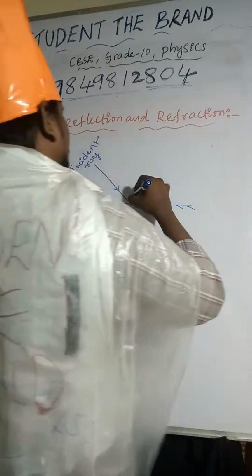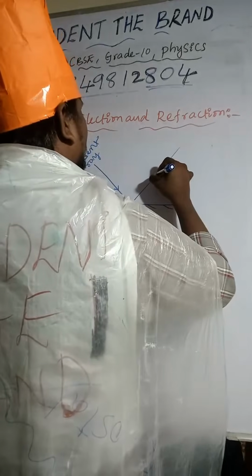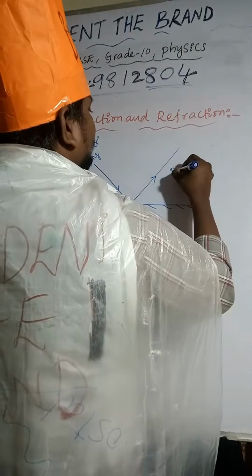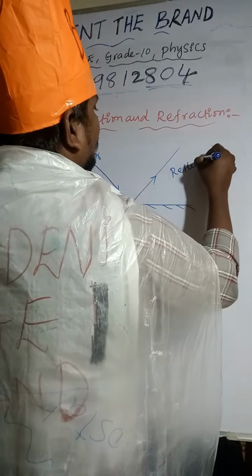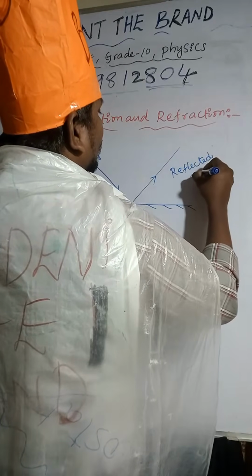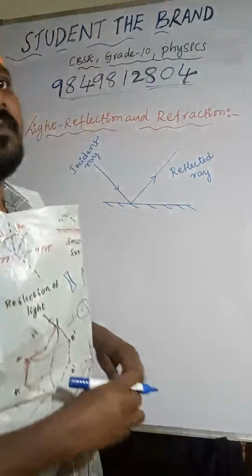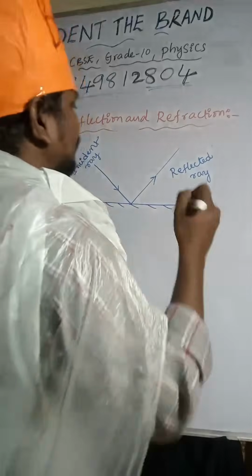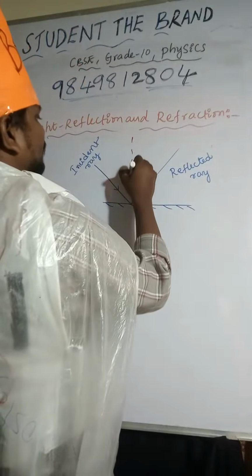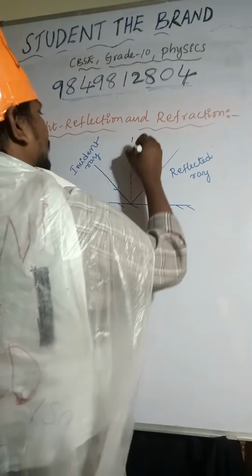The light ray reflecting back is called the reflected ray. The line perpendicular to the plane surface is called the normal line.